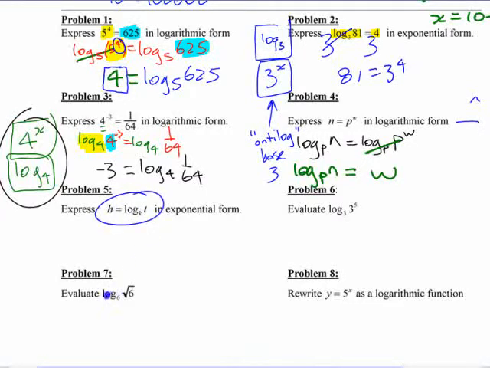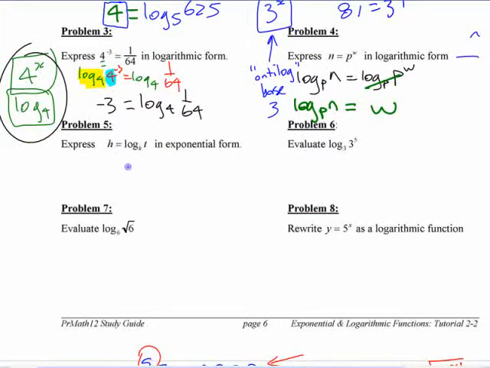This one is in logarithmic form. How would I cancel out that logarithmic expression? I'm going to do anti-log base what? What base would I use here to cancel out this? This is the logarithmic function I'm using, log base k. So you're going to use anti-log base k.